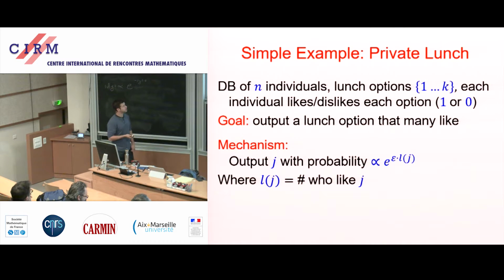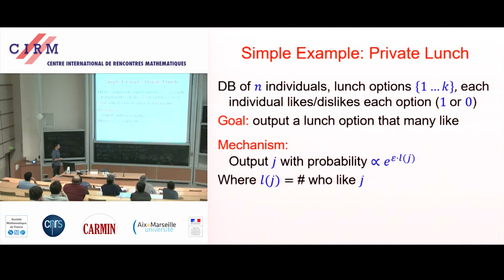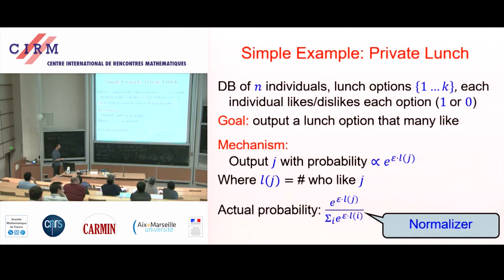The mechanism that we'll use is to simply construct, by brute force, a distribution over the k lunch options. We'll output each option j with probability proportional to e to the epsilon times the number of people who like j. In order to make it a distribution, I'll have to normalize.